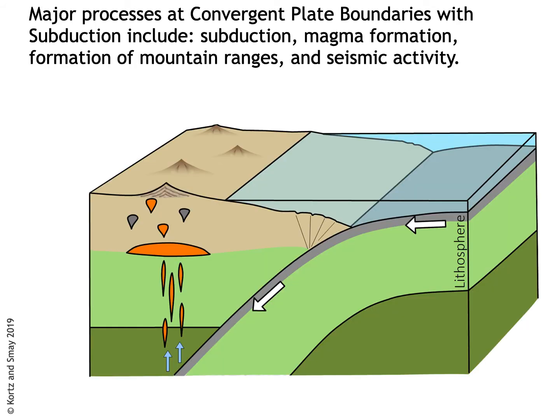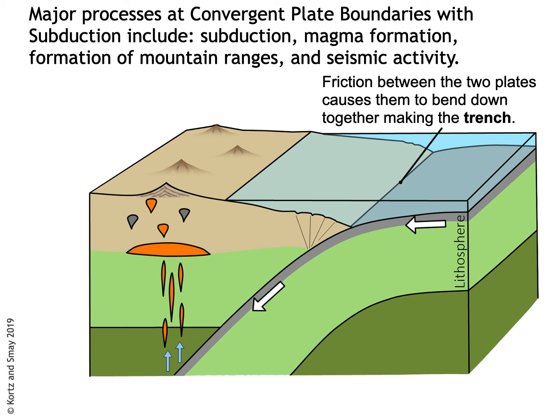Major processes occurring at convergent plate boundaries with subduction include, subduction, magma formation, the formation of mountain ranges on land, and seismic activity or earthquakes. So let's walk through a few of the features and processes that generally occur.